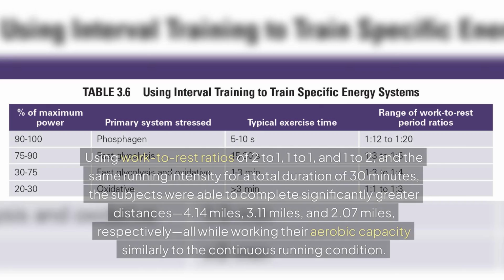Using work-to-rest ratios of 2:1, 1:1, and 1:2, and the same running intensity for a total duration of 30 minutes, these subjects were able to complete significantly greater distances, 4.14 miles, 3.11 miles, and 2.07 miles, respectively, all while working their aerobic capacity similarly to the continuous running condition.